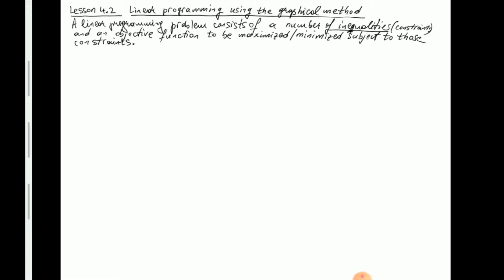Because remember, in each application, like for example, a business application, you always have certain conditions or certain constraints that you have to abide by before you think about maximizing or minimizing an objective function, which is, for example, a profit or a revenue function, or minimizing the cost, for instance, depending on the case.